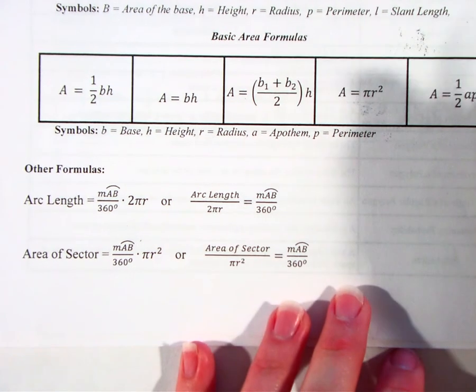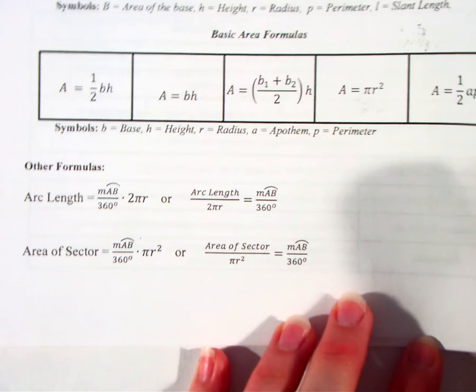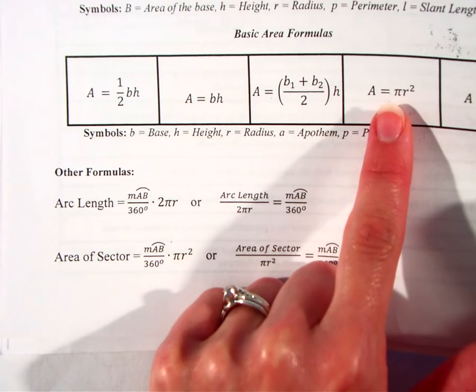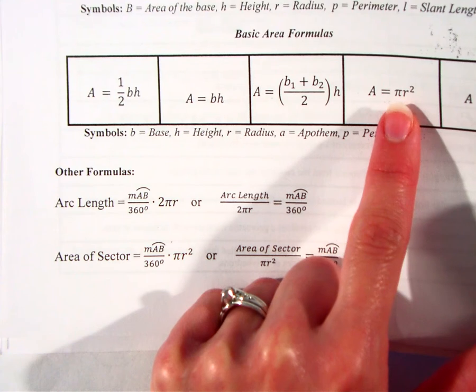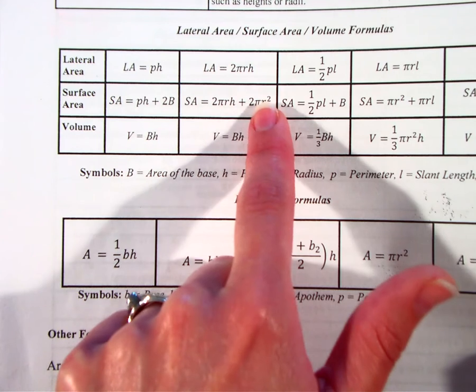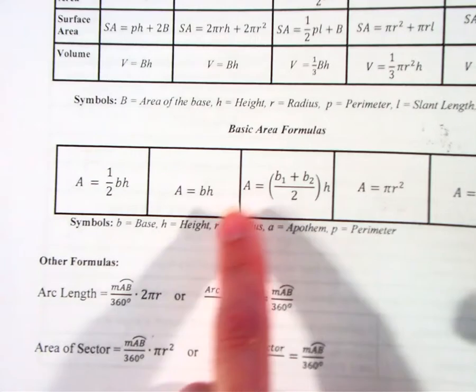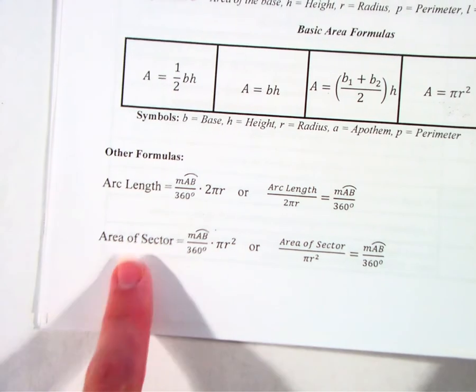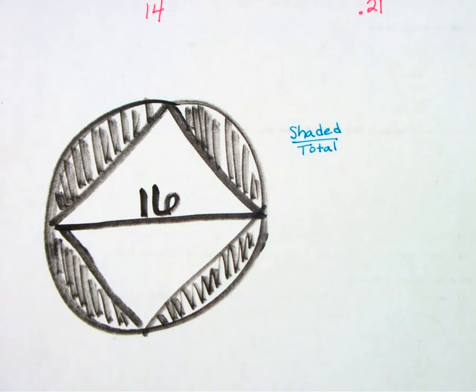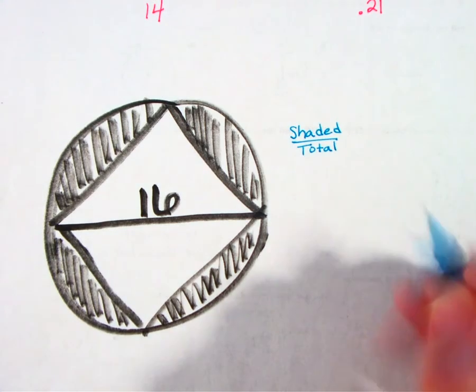Now, we didn't do this exact formula, so we'll kind of talk about that in just a second, but this guy right here, pi r squared, if you need to have that, that's always in your packet, okay? We are moving into this next, so none of this is stuff that you know yet. But these down here, and then you've got your arc length and your sector area right there. So any of the formulas that you need are always on the sheet that you have for your notes packet.